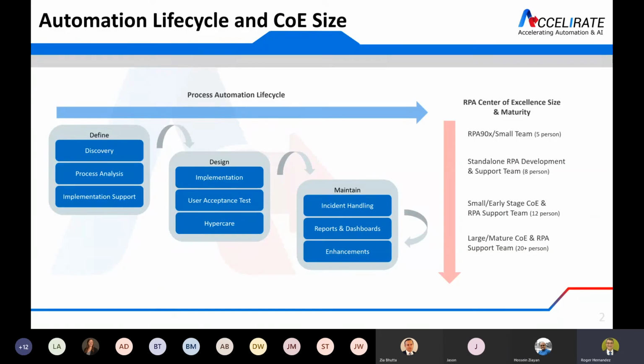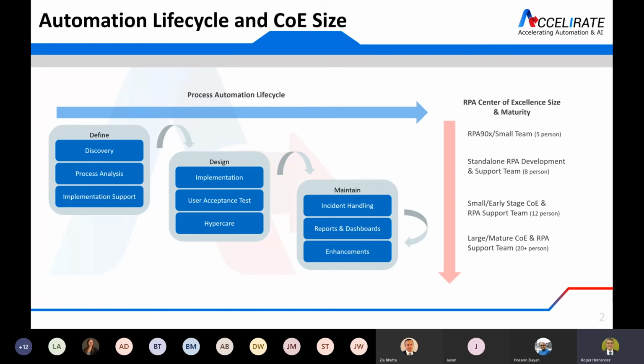This slide, most of you are familiar with, but it gives a very, very high-level overview of the process automation lifecycle in an RPA department or COE, from definition to implementation to maintenance. And on the right-hand side, there's a maturity or growth path for an RPA program, from a very small initial engagement all the way to a fully mature COE, whether that's centralized or federated, it doesn't matter.